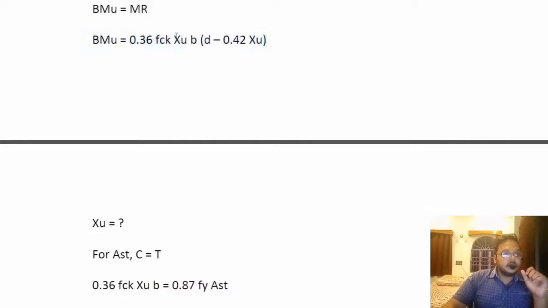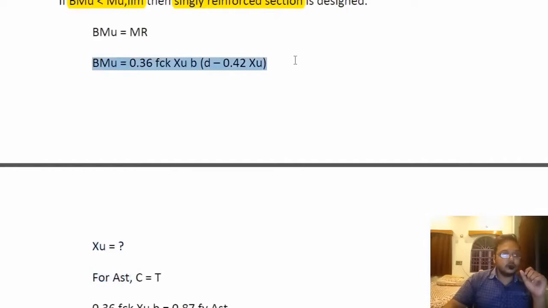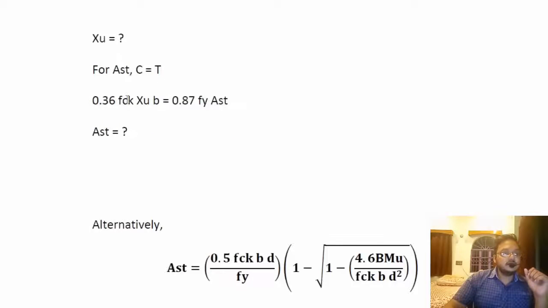By this we will get the value of XU. The XU value will be obtained from this equation, and for AST we will again do the same thing, that is C equal to T, and this is how we will get the AST.